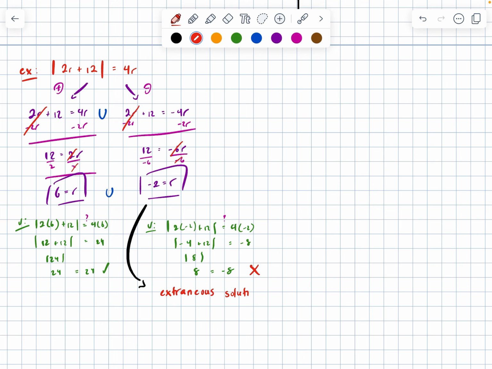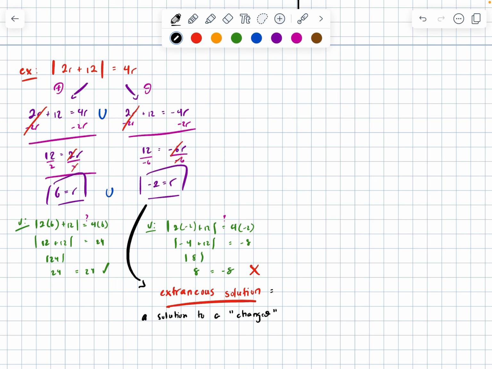So extraneous, E-X-T-R-A-N-E-O-U-S. This is an extraneous solution. And by definition, an extraneous solution is a solution to a quote-unquote changed equation. So I made a choice, right?